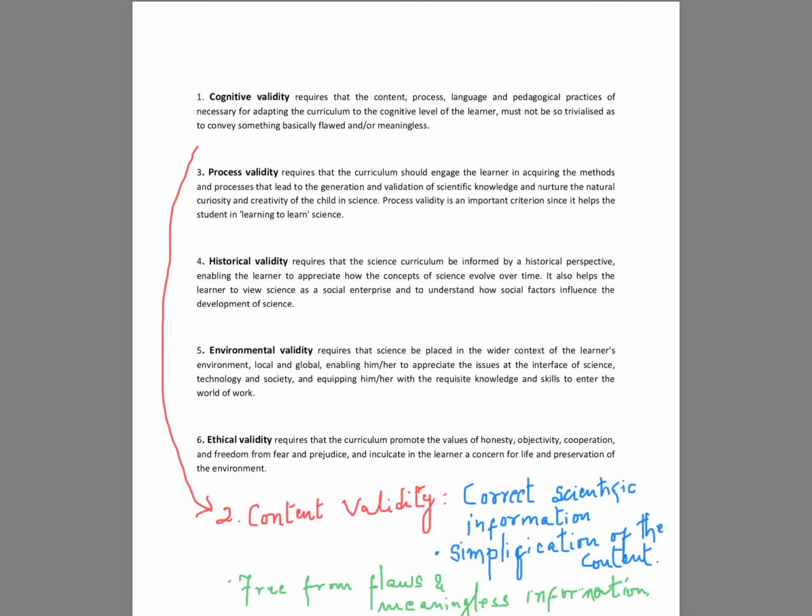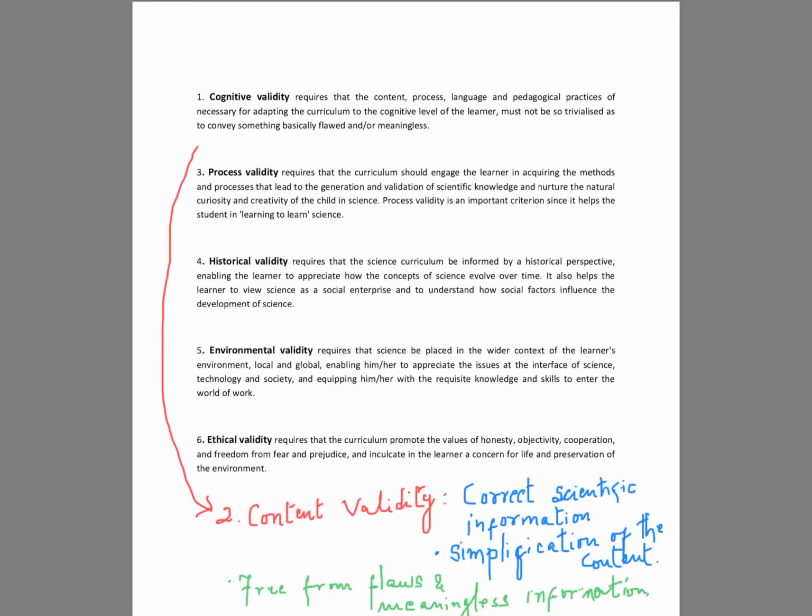Cognitive validity is related to the content, meaning the subject matter, the process, the language, and pedagogical practices, meaning the style or strategies of instruction adopted by the teacher, or we can say the different resource materials, methods, principles, explanations, etc. used by the teachers.